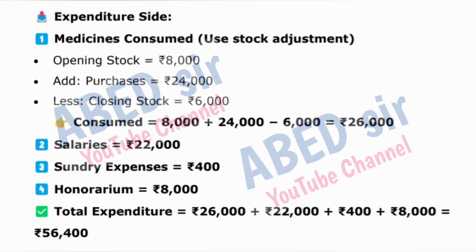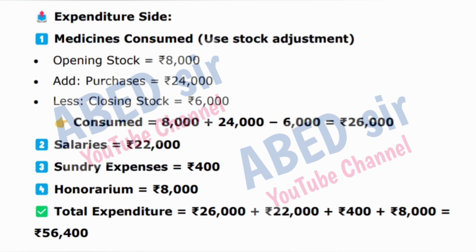Expenditure side. 1. Medicines consumed, use stock adjustment. Opening stock is equal to 8,000 rupees. Add purchases is equal to 24,000 rupees. Less closing stock is equal to 6,000 rupees. Consumed is equal to 8,000 plus 24,000 minus 6,000 is equal to 26,000 rupees. 2.